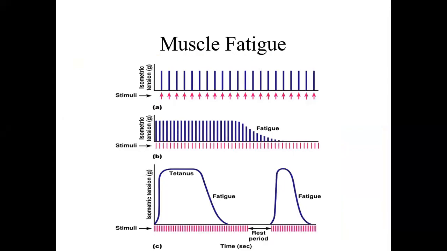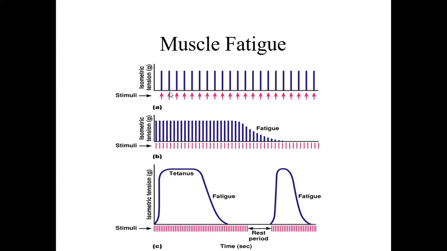So today I wanted us to start on something else, and this is muscle tetany and fatigue, and the relationship between the action potential and contraction. Now, what you have here, these red arrows, are stimulation.